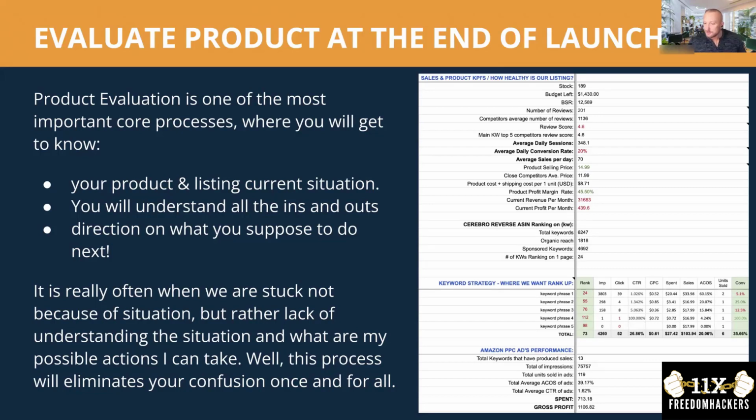There's always something to do with your listing. If you don't know what to do, you just don't know how to read numbers and take action based on them, right? That's why evaluation is like taking your product to the doctor. Based on those numbers, you can see what needs to be improved.